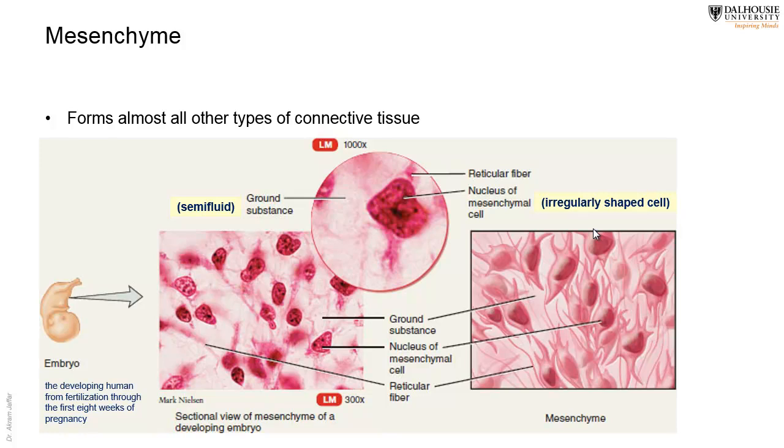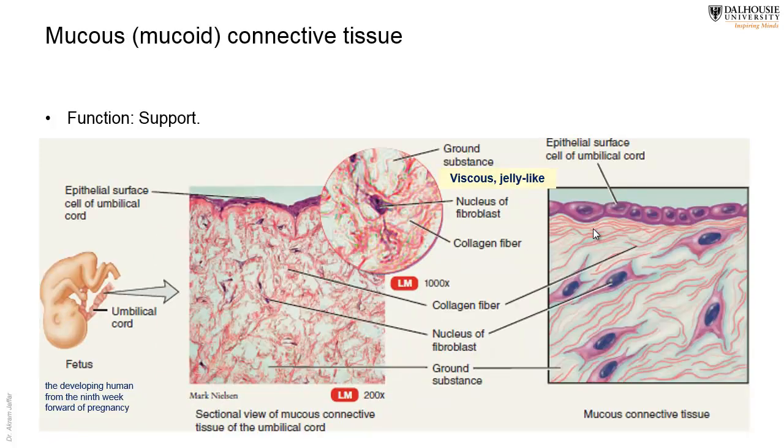After the 8th week, from the 9th week onwards, we have the second type of embryonic connective tissue, called the mucus or mucoid connective tissue, like that present, for example, in the umbilical cord. It's jelly-like, and it supports the organs of the body of the embryo.